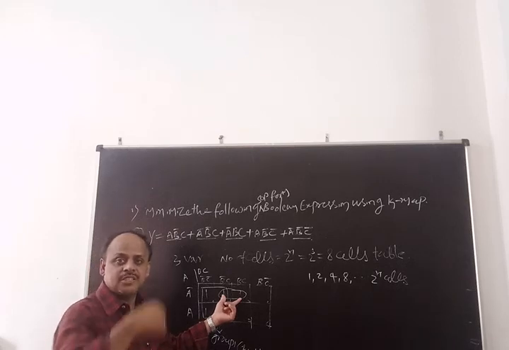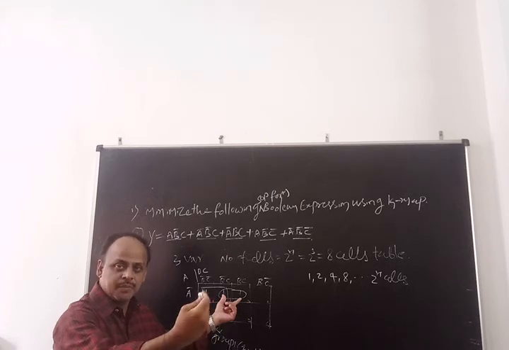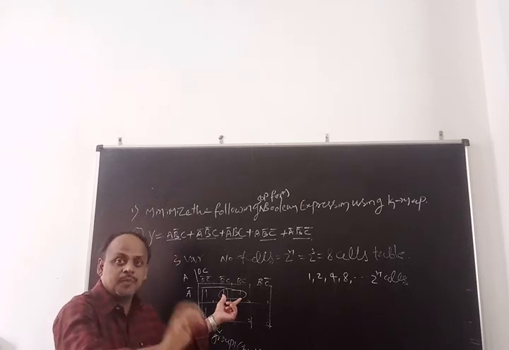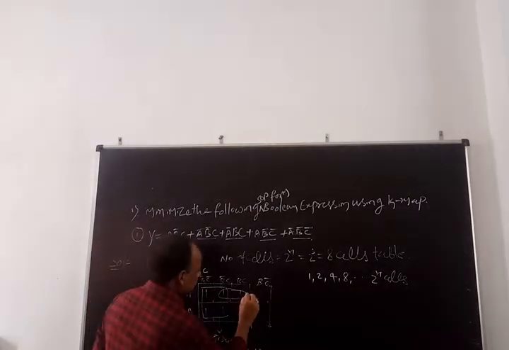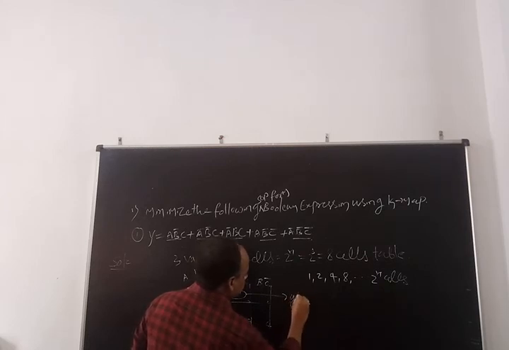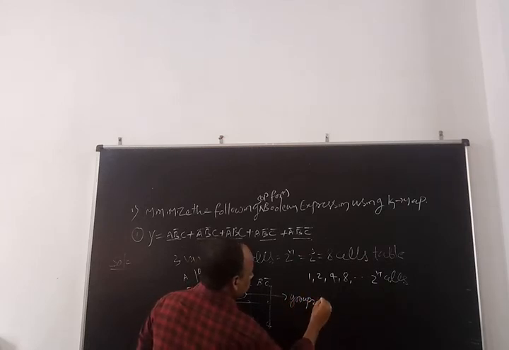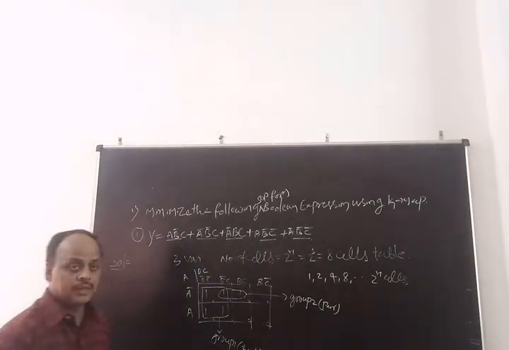We have to give preference to octet, if not possible quad, if not possible pair, then if not possible we have to give for single variable. Here pair is possible. So this is called pair. Group 2. Pair is allowed.